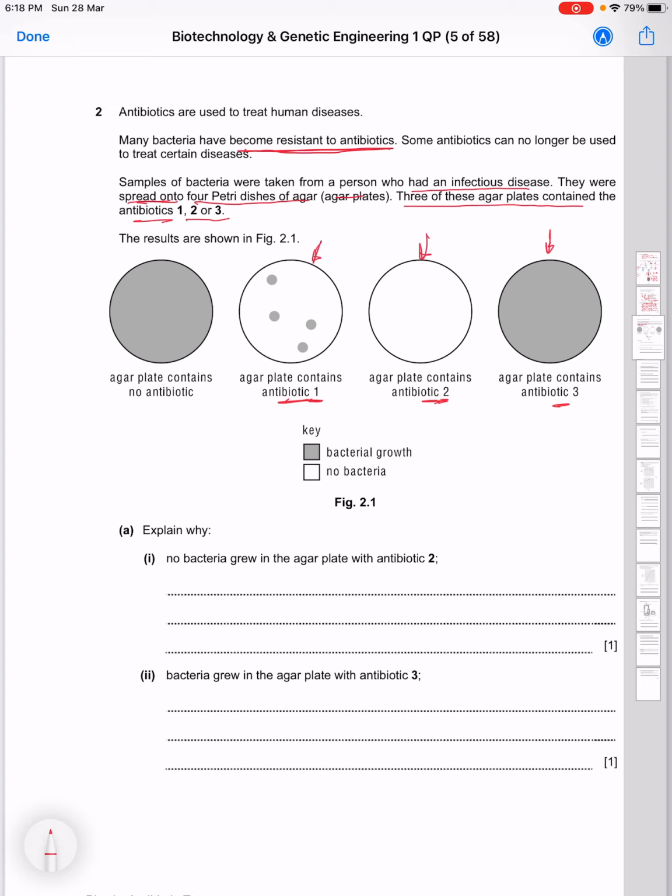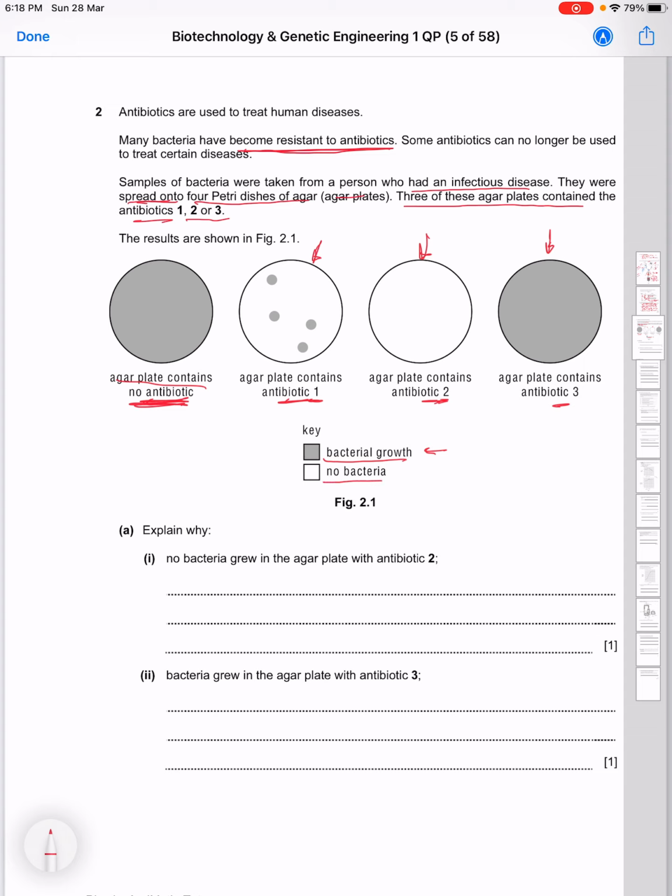And this plate has the bacteria, but there is no antibiotic, as you see here. The shaded area is showing you that there is bacteria growing after a couple of days on the agar, provided they're given the proper temperature to grow, and it's been left a couple of hours or maybe overnight.